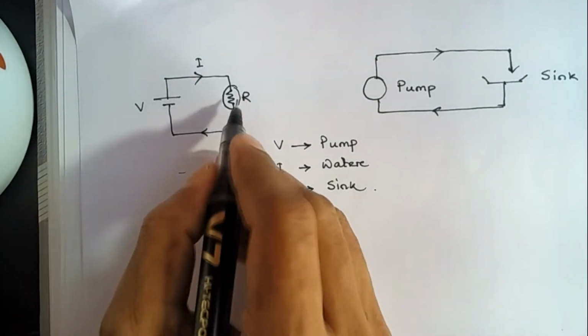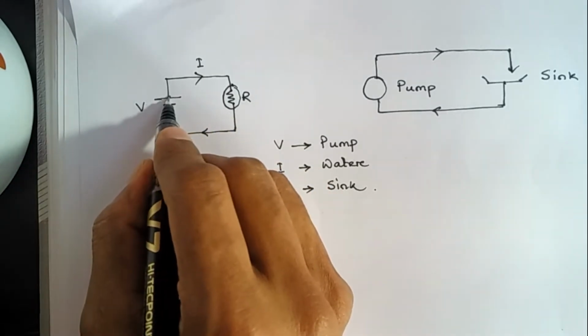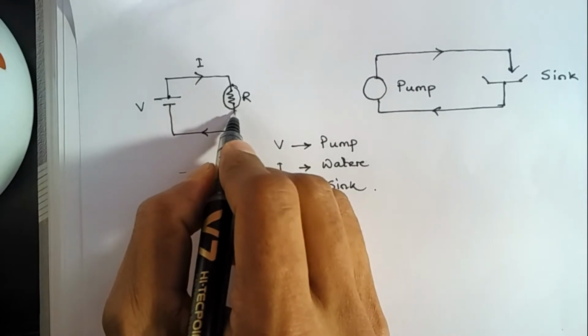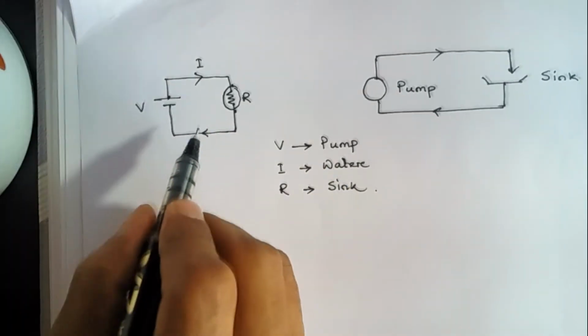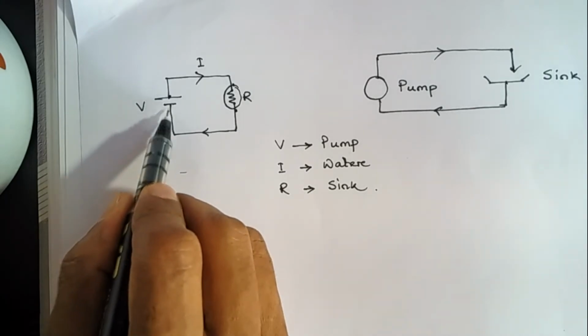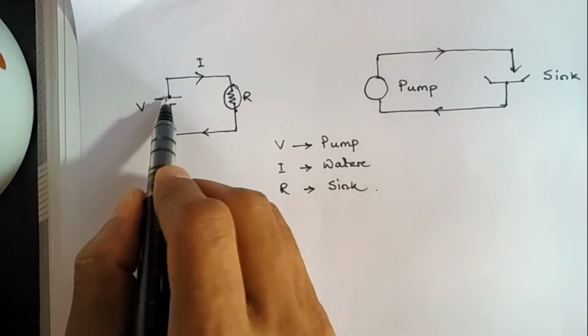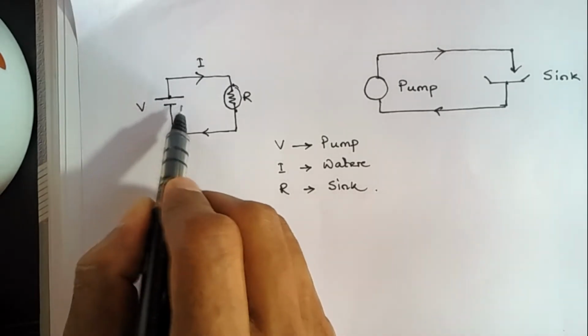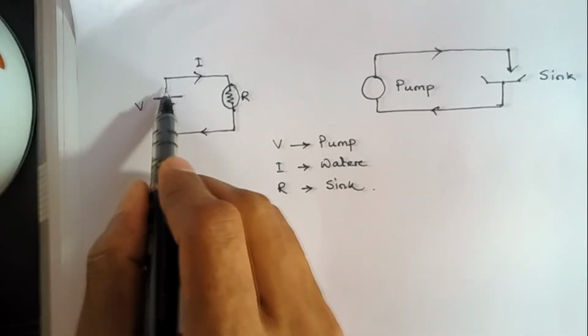The potential difference over here is less than at this point, and the potential over here is less than at this point. Again, the potential over here is lesser than at this point. So ultimately we could say the potential is higher over here and lesser over here. That's why current flows through this way.